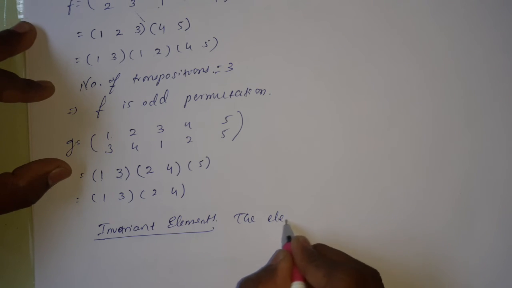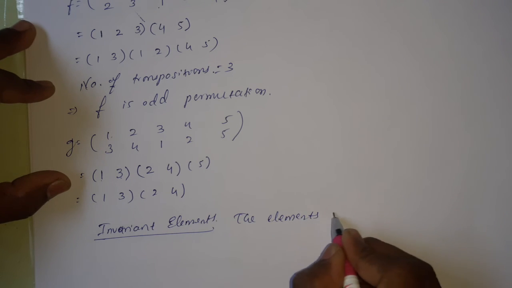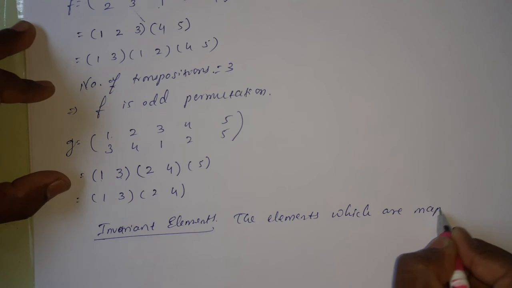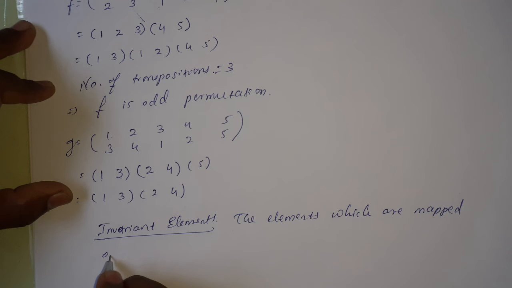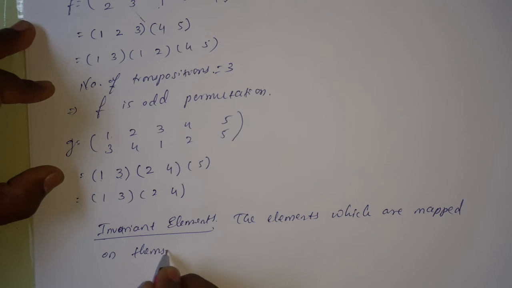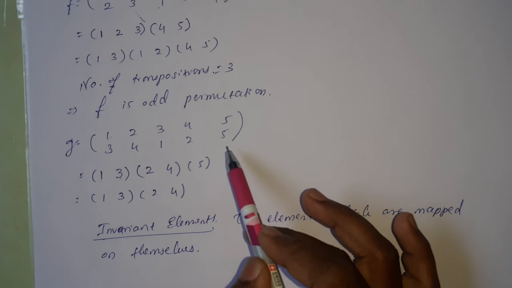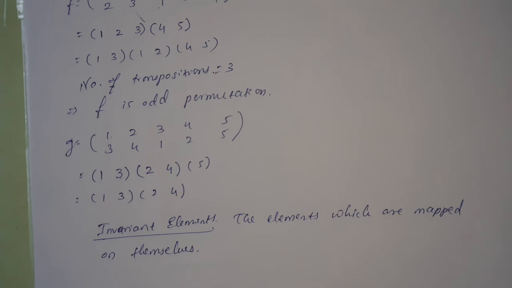If the image and the given element are the same, then that element can be defined as an invariant element. So here the image of 5 is 5, therefore that is the invariant element. If the image of 4 is 4, that is also an invariant element.